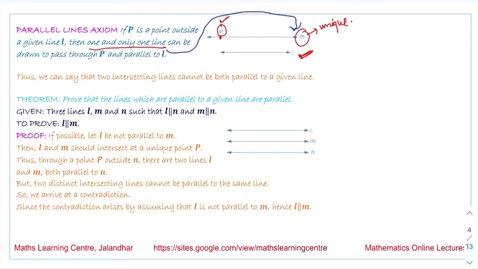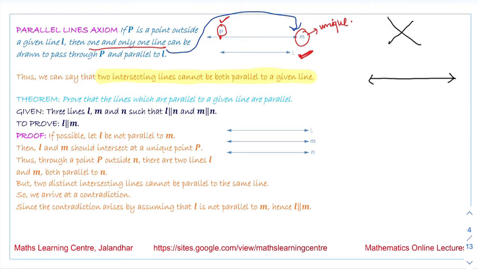This one and only one line is the unique line M. What we get from this is that two intersecting lines cannot both be parallel to a given line. How are we going to prove this? Suppose a line is given to us and two intersecting lines are given.